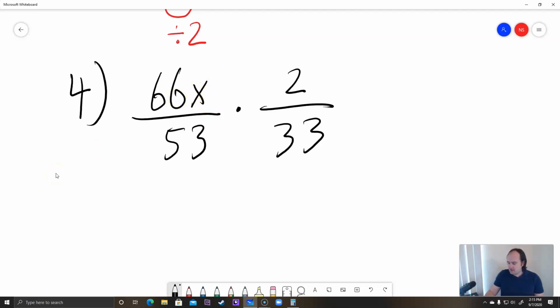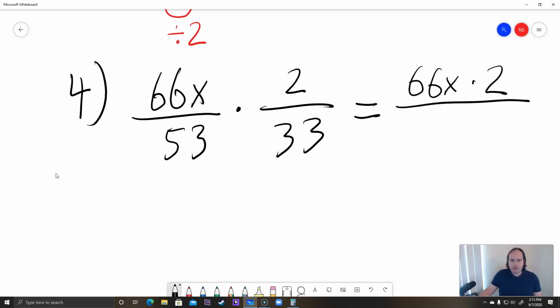Okay, so there's no minuses, so we just go ahead and multiply straight across. So multiplying straight across, on the top we're going to have 66x times 2. And then on the bottom, we're going to have 53 times 33. Okay, so 66x times 2 on the top, and 53 times 33 on the bottom.